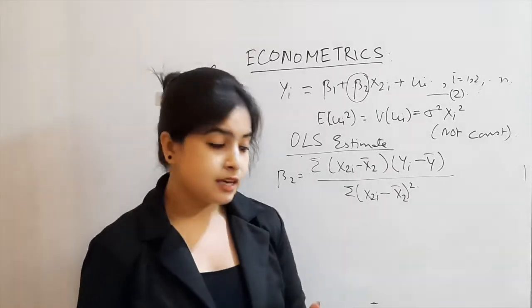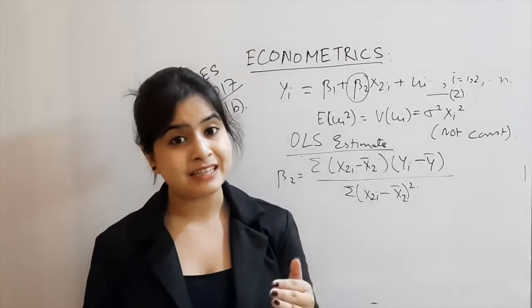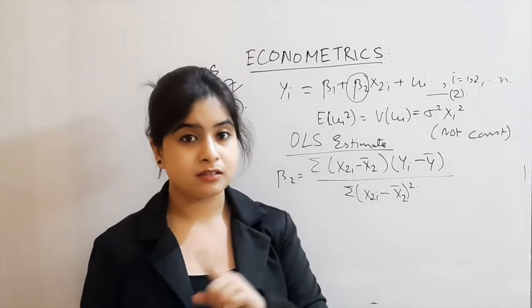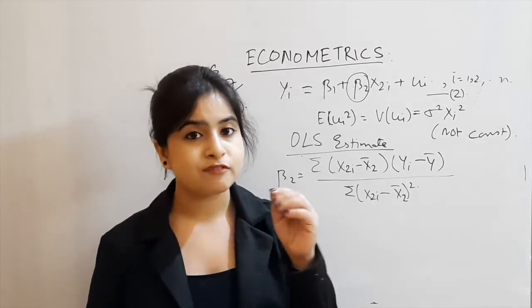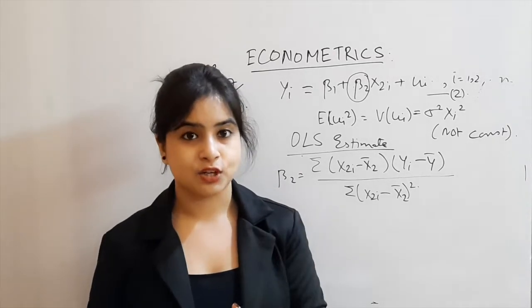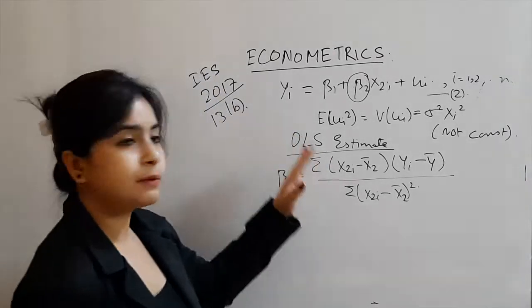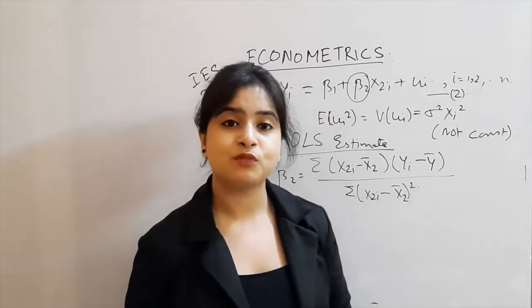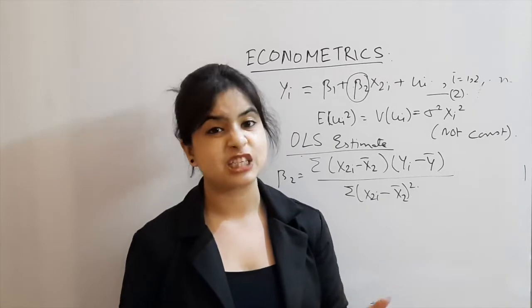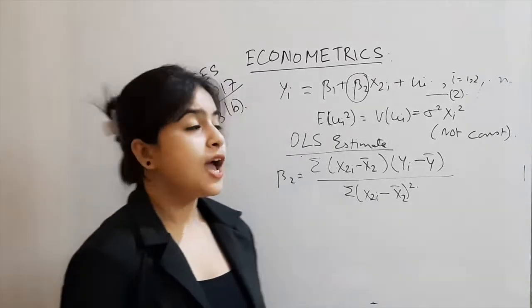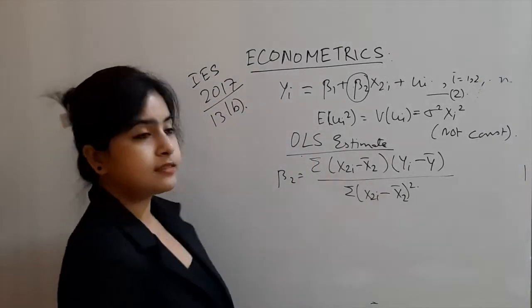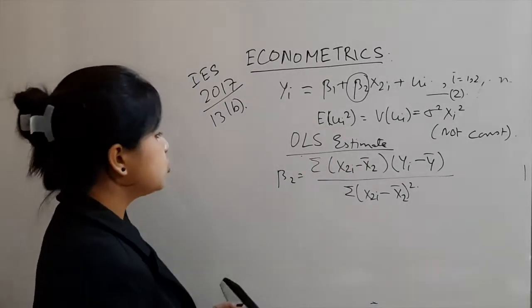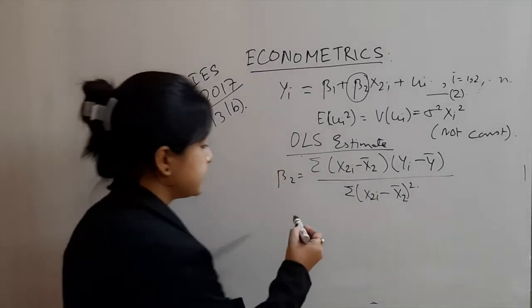There will be a great deal of time management involved, so you have to be very careful and rational on that part. Because of that, I'm skipping the parts, also considering the marks they have provided, so you need to be rational on that as well. Anyway, moving on, this is the value of the beta 2 OLS estimate, right?